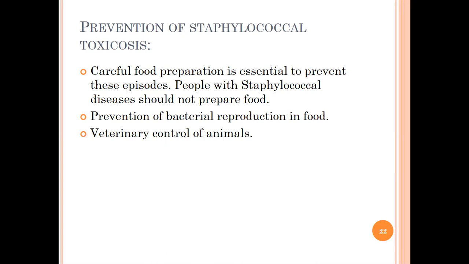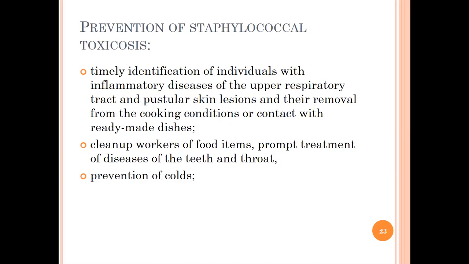We need to prevent growth of bacteria in food, maintain proper storage, and provide veterinary control of animals. We need timely identification of personnel with any inflammatory disease of the upper respiratory tract and skin lesions, and remove them from cooking before treatment. And they mustn't contact already cooked dishes.